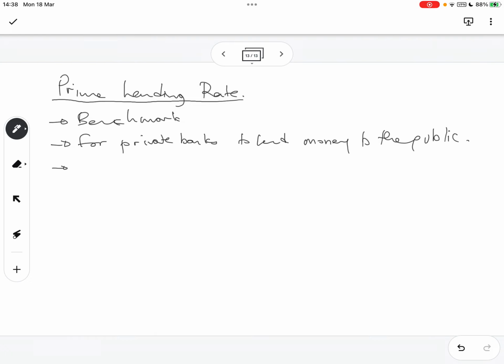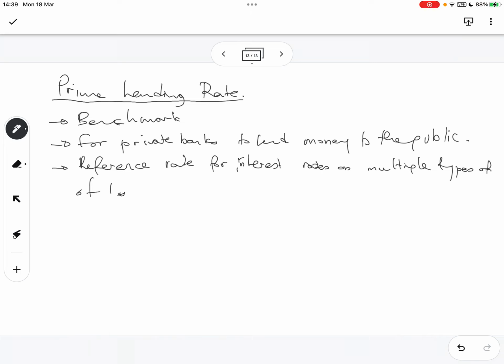So it's like a reference rate for interest rates on multiple types of loans, and some interest rates may be expressed as a percentage above or below the prime rate.